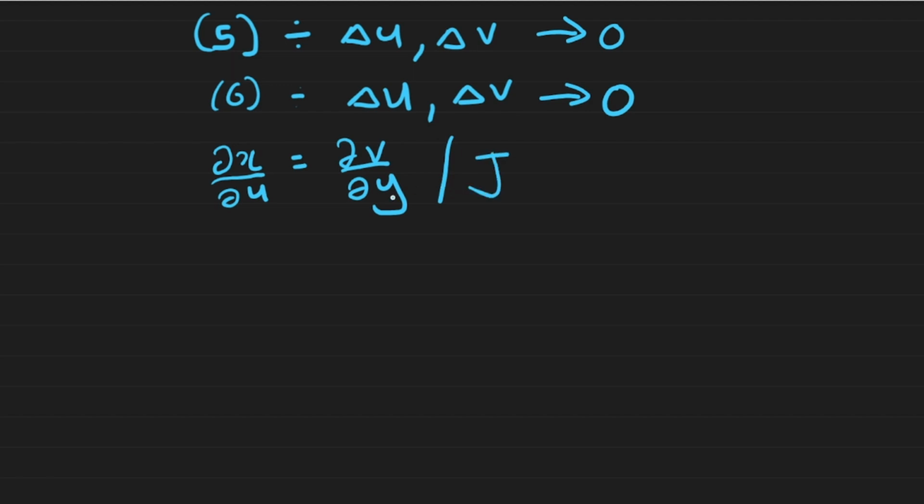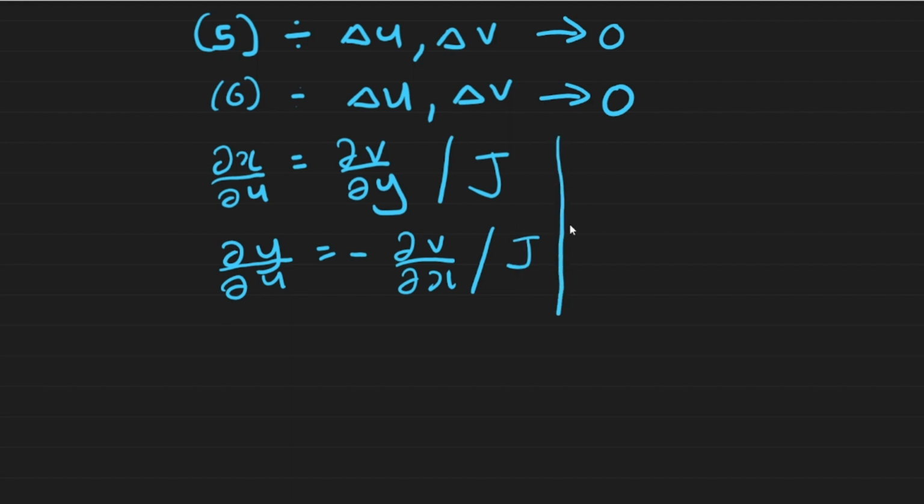Remember that entire denominator was called the Jacobian. And also ∂y/∂u is equal to minus ∂v/∂x divided by the Jacobian.